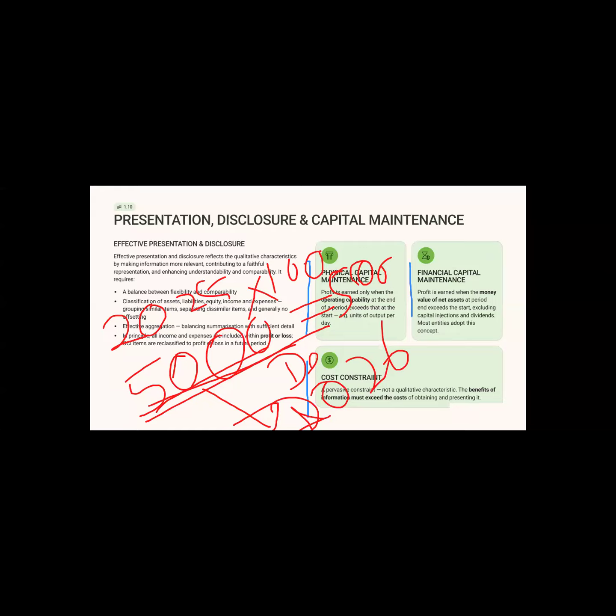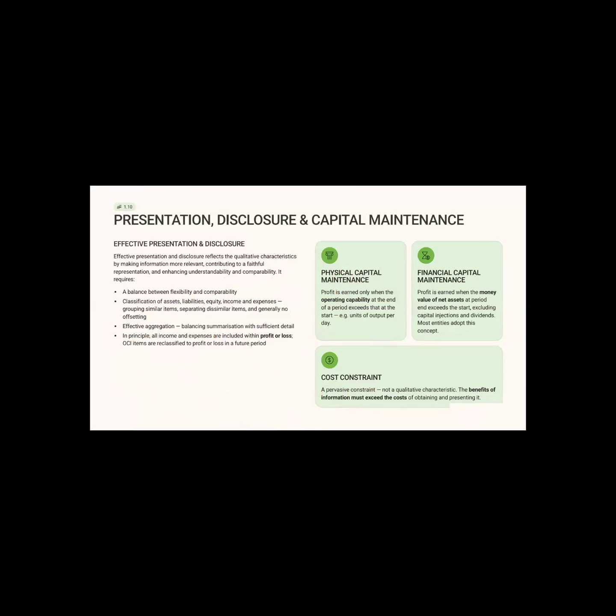It says that if there is an increment in your units, for example you produced 5,000 in January and by December the number of units has increased to 10,000, that means your operating efficiency is high. In that case, you can earn more profit. For a company to run in a smoothly efficient way, there should be higher physical capital maintenance.